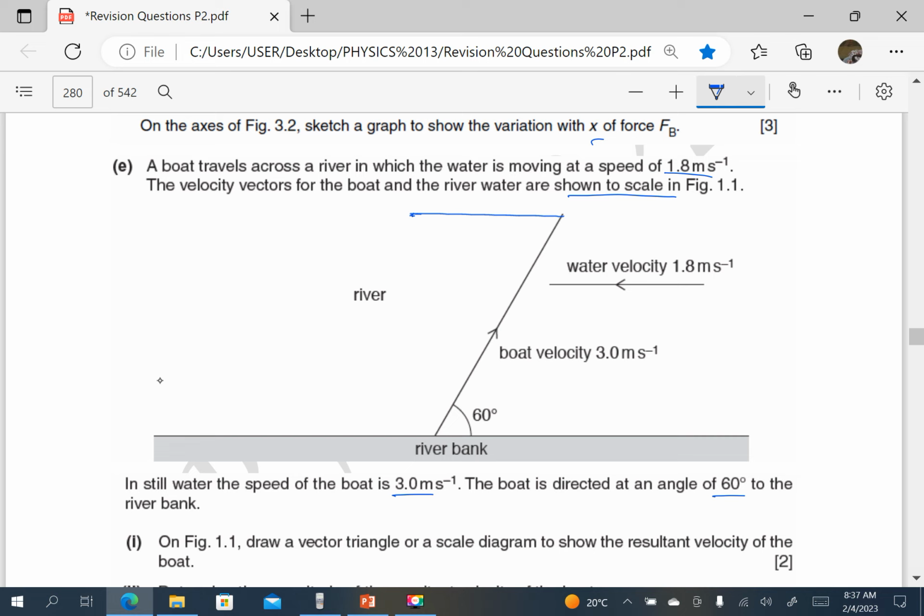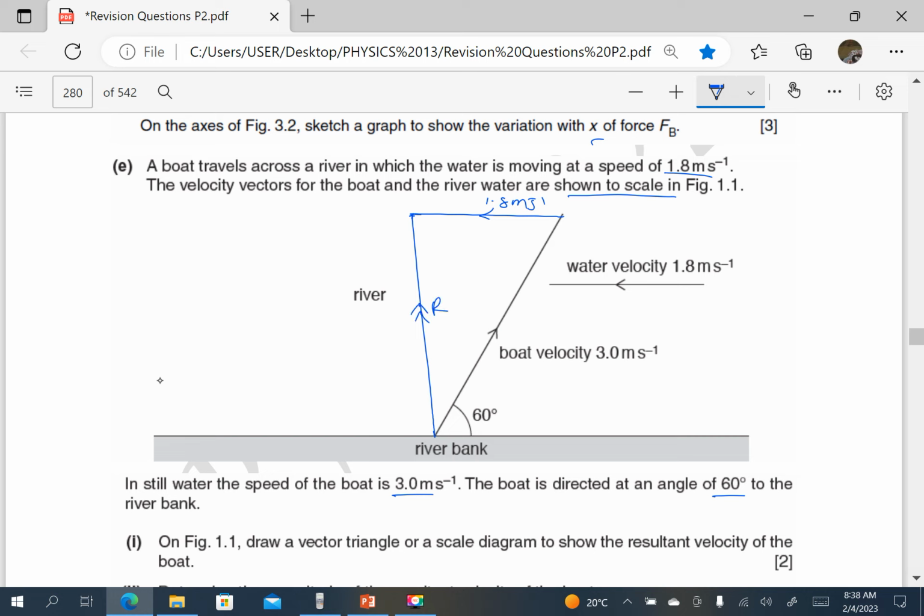This is 1.8 meters per second. We're joining them head to tail. That means the resultant velocity will be somewhere here. So this will be the resultant.